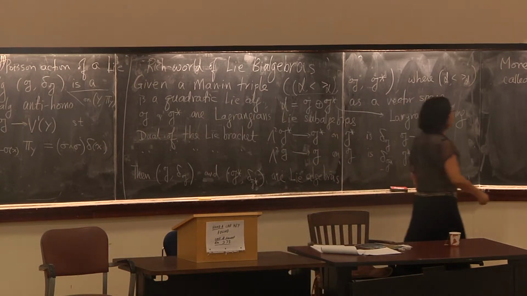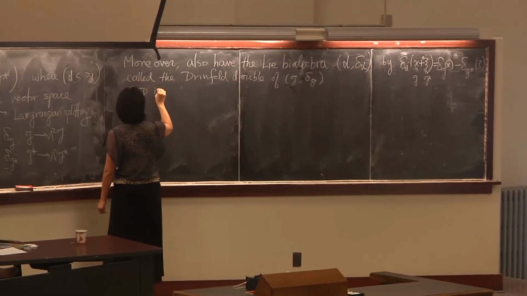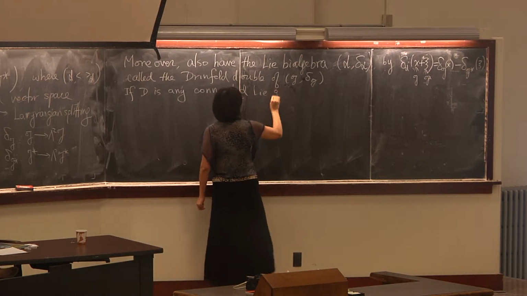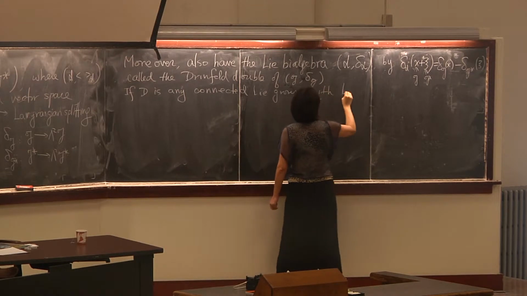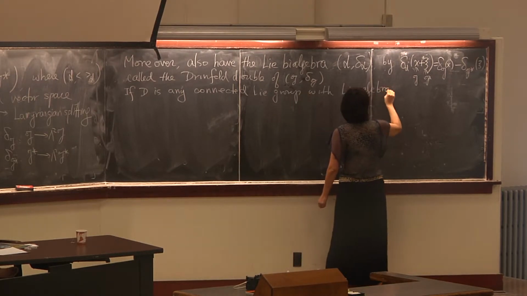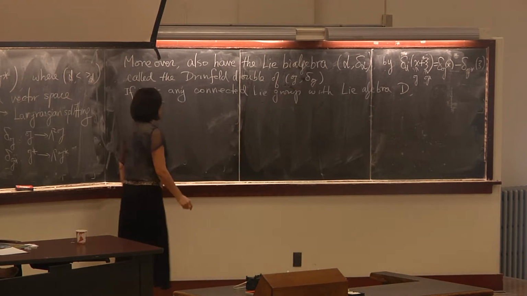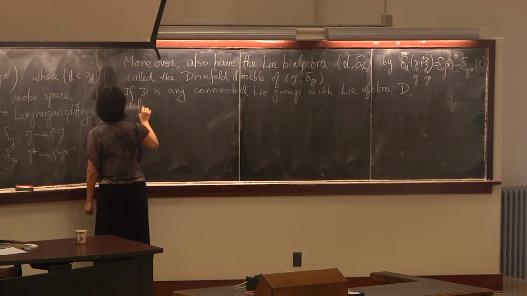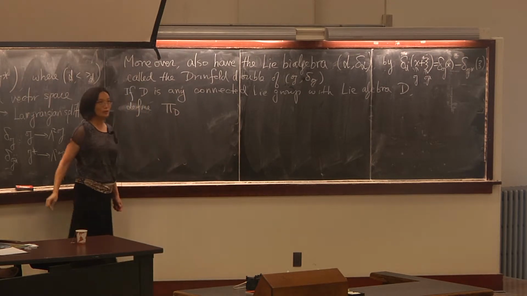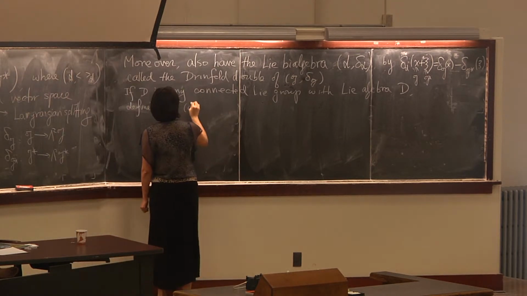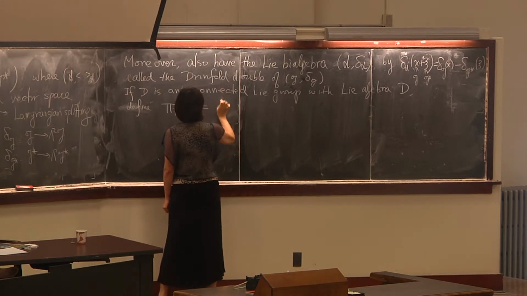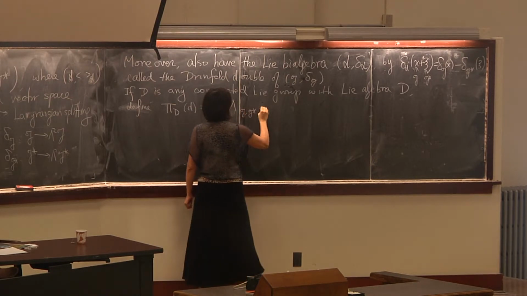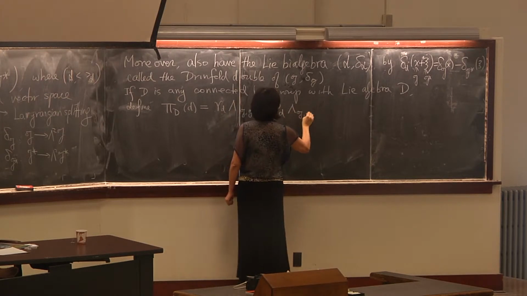Now, how do you get Poisson Lie groups? If D is any connected Lie group with Lie algebra D, then I can define a bivector field pi D on D. Now this bivector field on D is going to be, so its value at an element is the right translation of lambda GG star minus the left translate of lambda GG star.